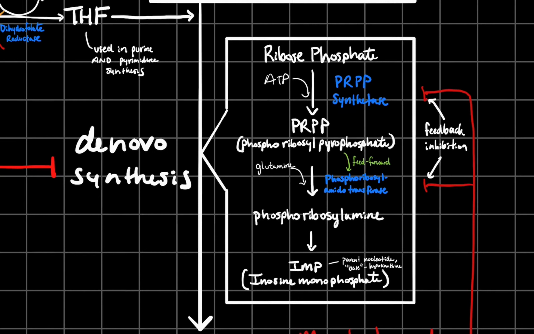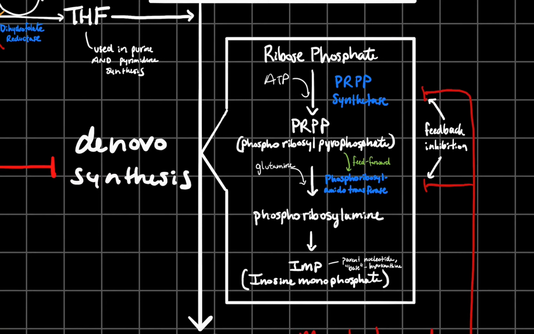All right. And now that we have the two precursors, we need to synthesize our purines. And the base for our purine is going to be inosine monophosphate or IMP. You're going to synthesize that through, first, you have a ribose phosphate.